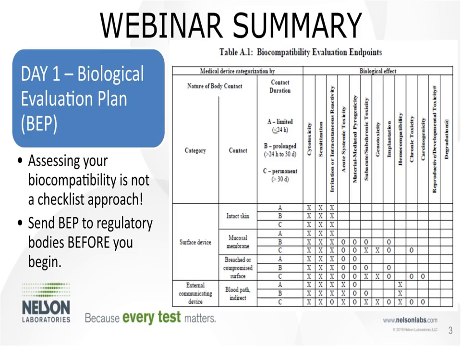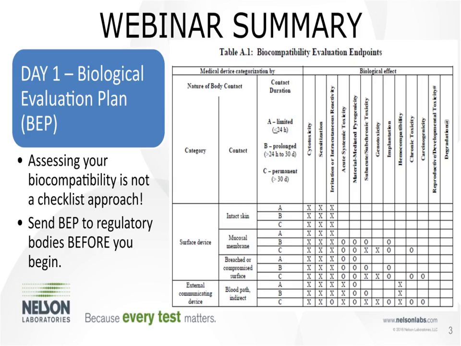I wanted to give a summary for day one and just reiterate some of the points that Thor talked about when he went over a biological evaluation plan. So what I've put up here is a small version, just a portion of the table that's in the FDA guidance document, where this is how we're addressing and helping to identify the risks that a device may pose to a patient.